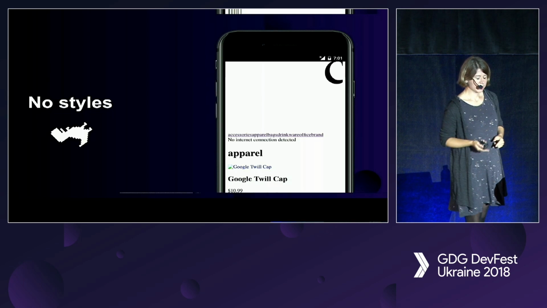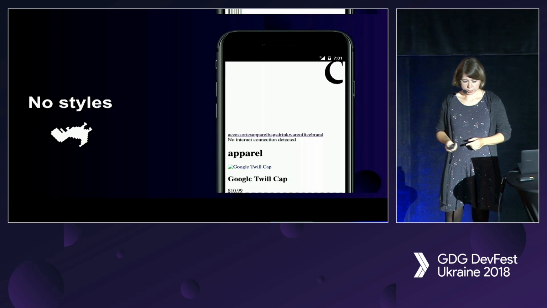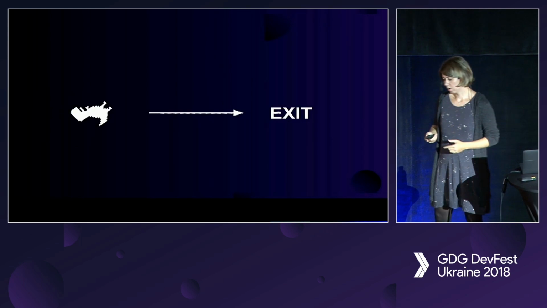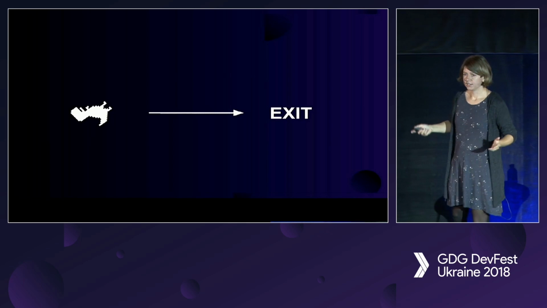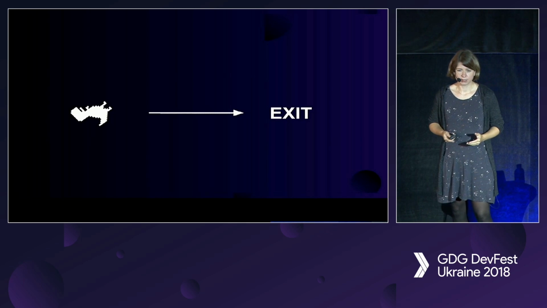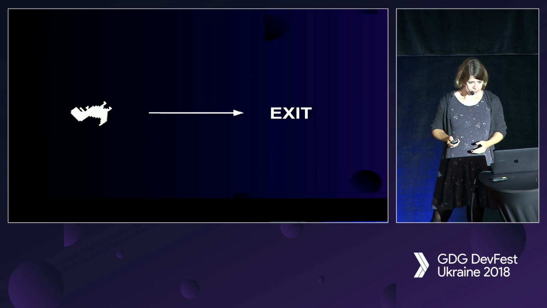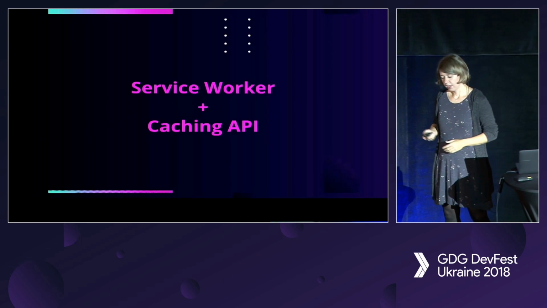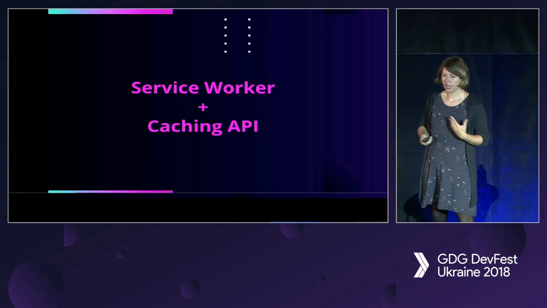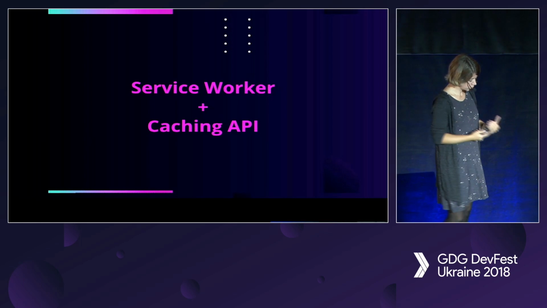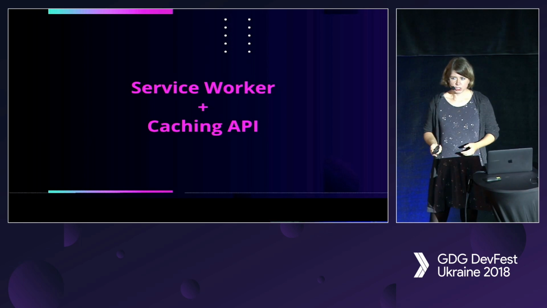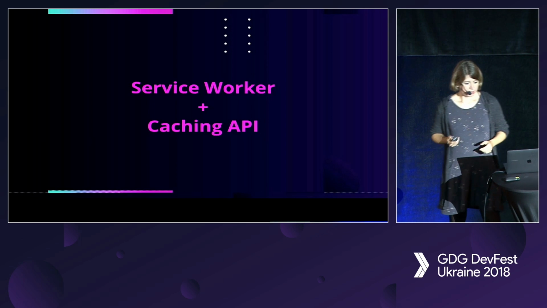They're more likely to blame your site than actually the connectivity. So usually, they exit the site, and you don't have a guarantee that they will ever come back. Fortunately, Caching API and Service Worker can help you mitigate this risk of losing users because of the patchy and not ideal network connection.